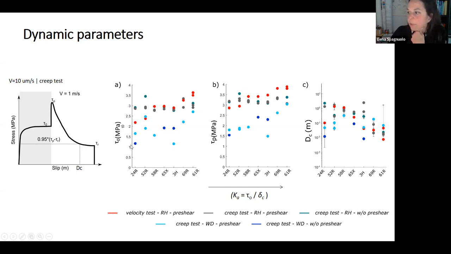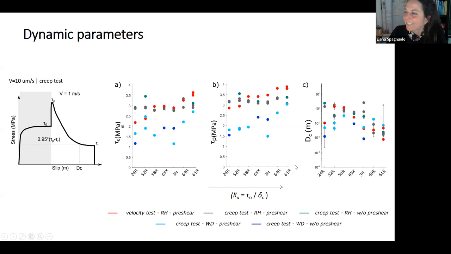In terms of wet experiments, the strength increases. For example, in the case of the tufaceous clays, these are the tufaceous clays, and these are more or less the silty clays. And you can see also that the D sub C, so the slip weakening distance, is decreasing.